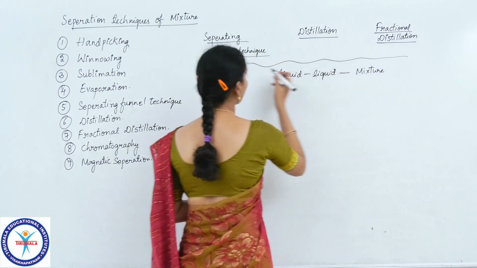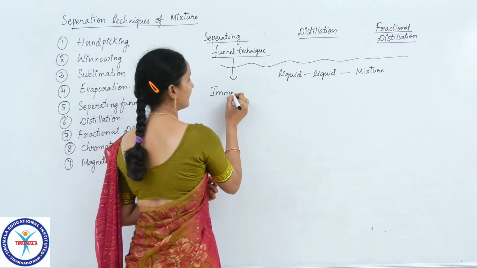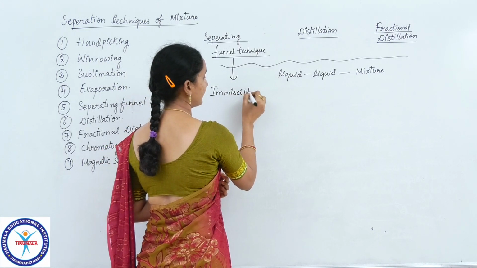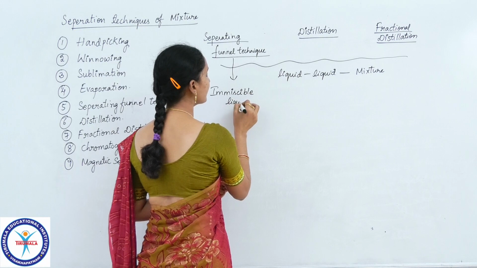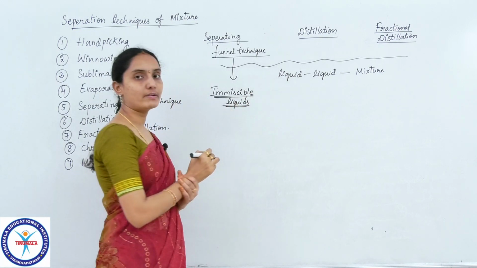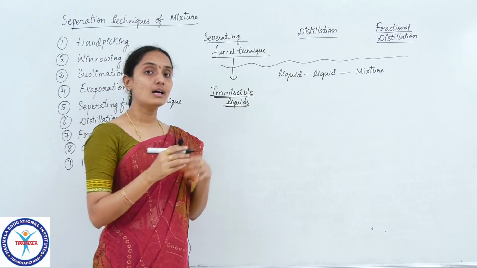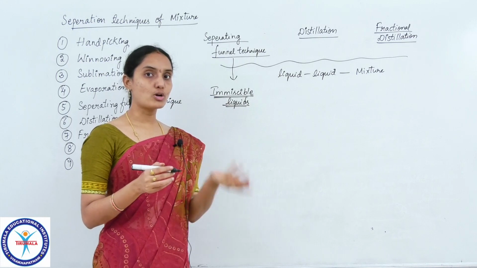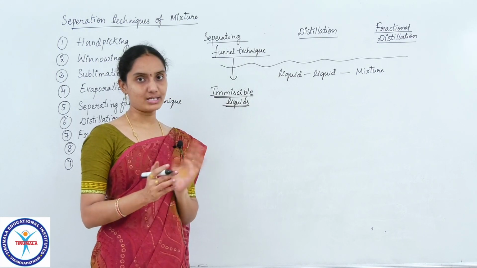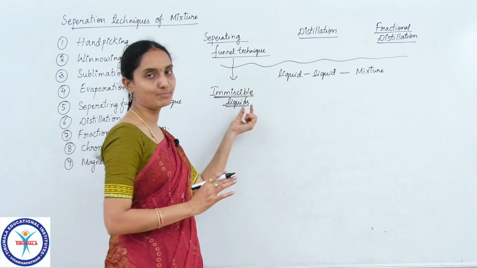But the differentiation is that the separating funnel technique is used for immiscible liquids. Immiscible liquids means liquids which do not mix with each other thoroughly, that is oil and water, kerosene and water, such types of liquid mixtures which do not mix with each other are called immiscible.